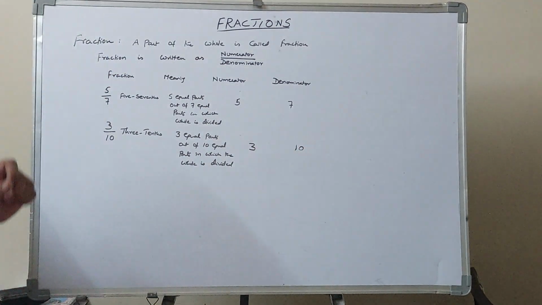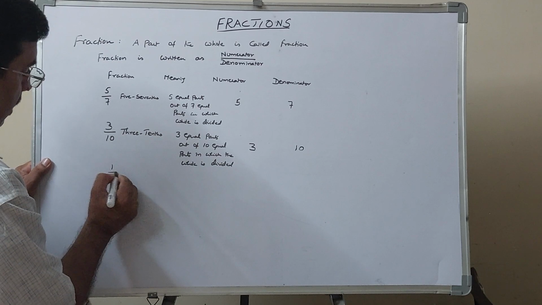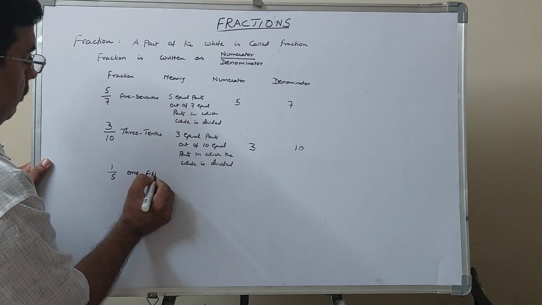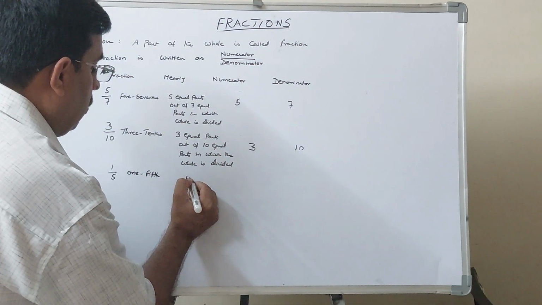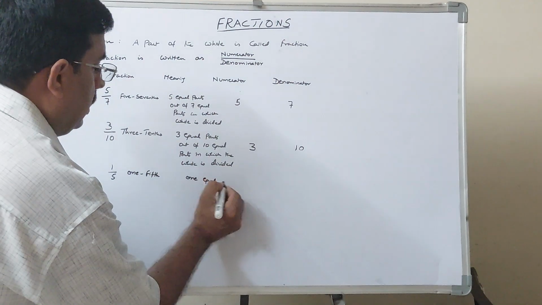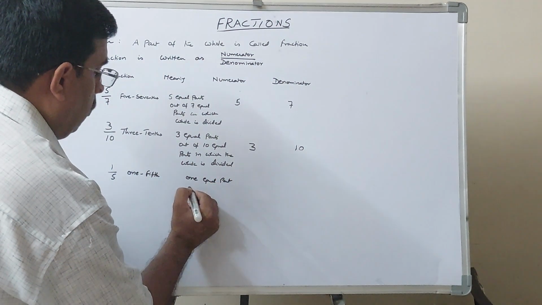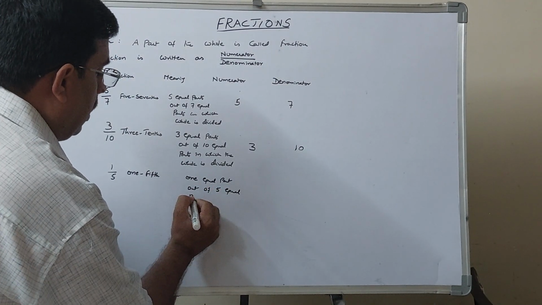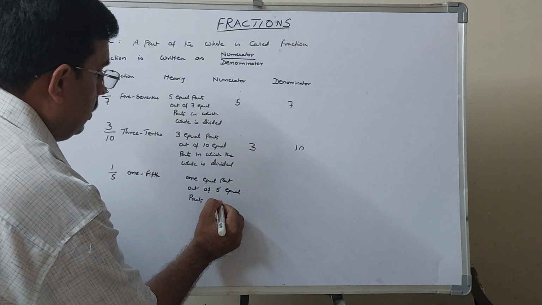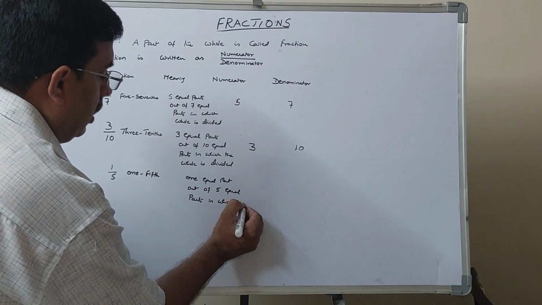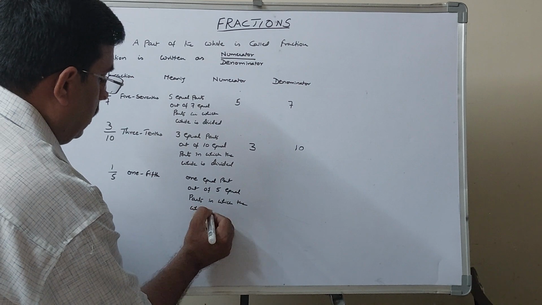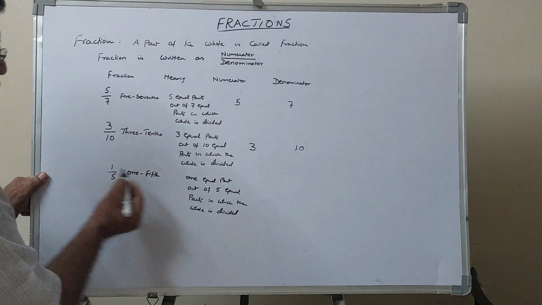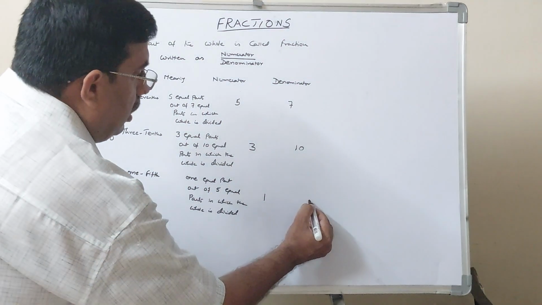Clear? Similarly, if you write 1/5, it means 1 equal part out of 5 equal parts in which the whole is divided. 1 is called the numerator, 5 is called the denominator.